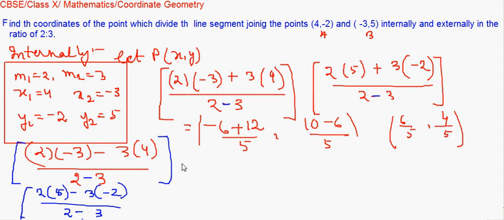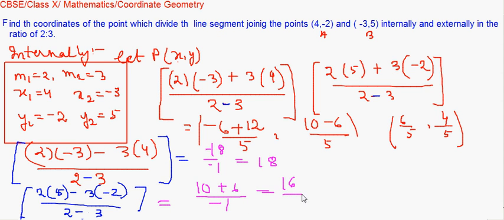Okay, now if I calculate this part, I think I'll get minus 6 minus 12. That gives me minus 18, and this gives me a minus 1, so it remains as 18 only. And here it gives me 10 minus 6, giving 16 by minus 1, so that's giving minus 16.